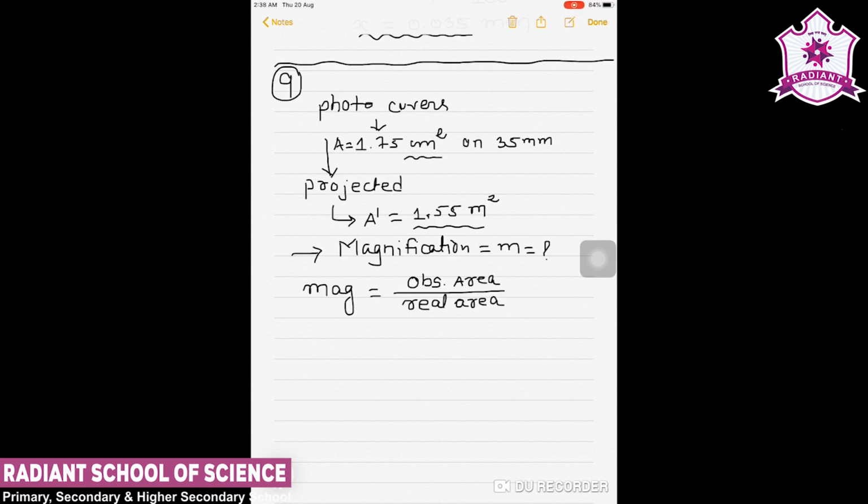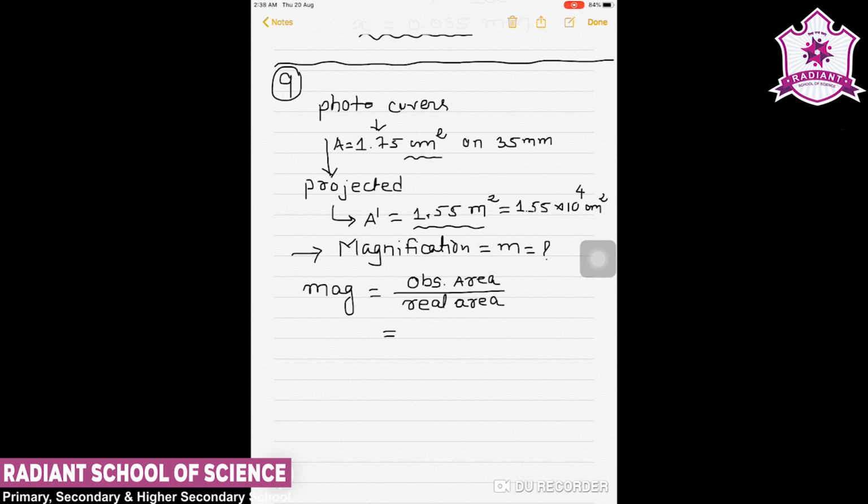Now the observed area is 1.55 meter square, while the real area was 1.75 centimeter square. So we have to convert it into centimeter, that is 1.55 into 10 raised to 4 centimeter square.